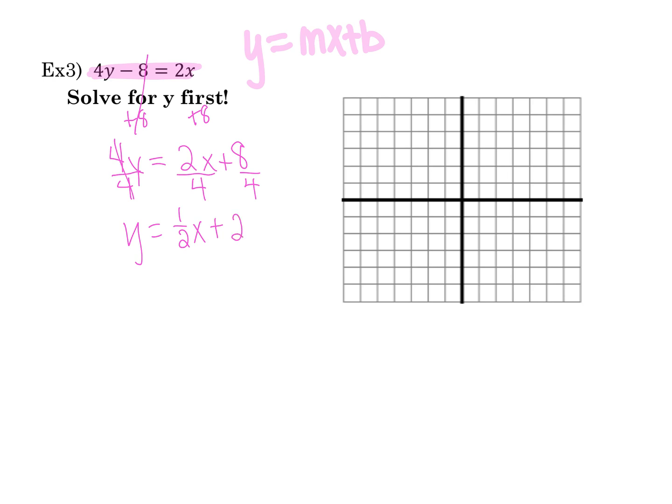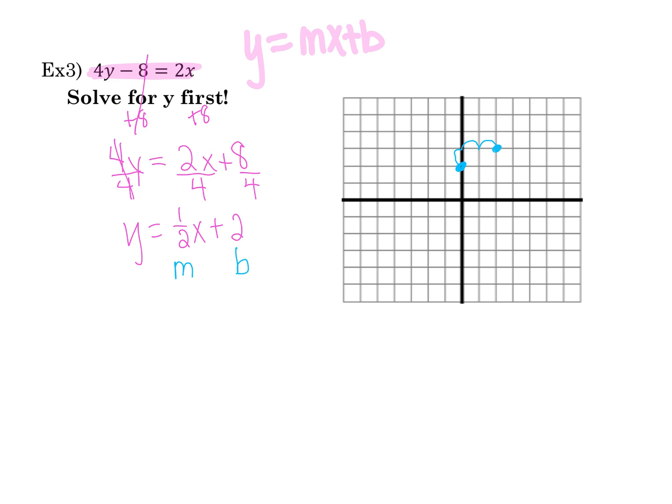Then at that point, now we can graph just like we did before. This is my slope. This is my y-intercept. I'm going to begin with my y-intercept. So I'm going to begin at 2 on the y-axis. Then I'm going to rise 1 and run 2 and put my next point.